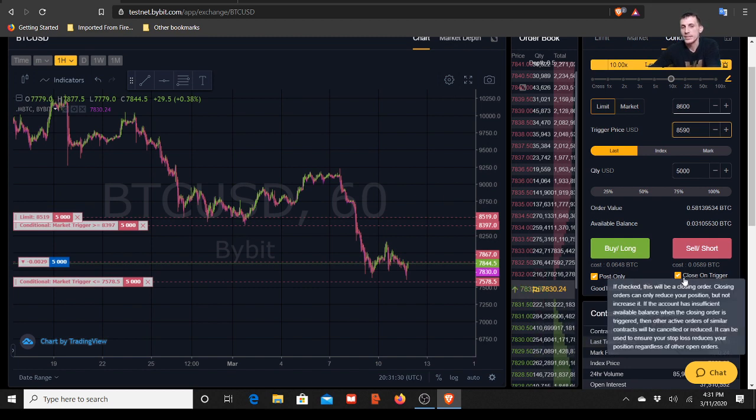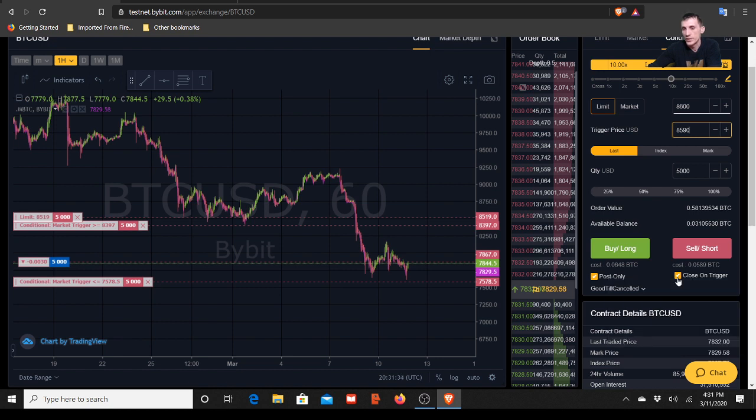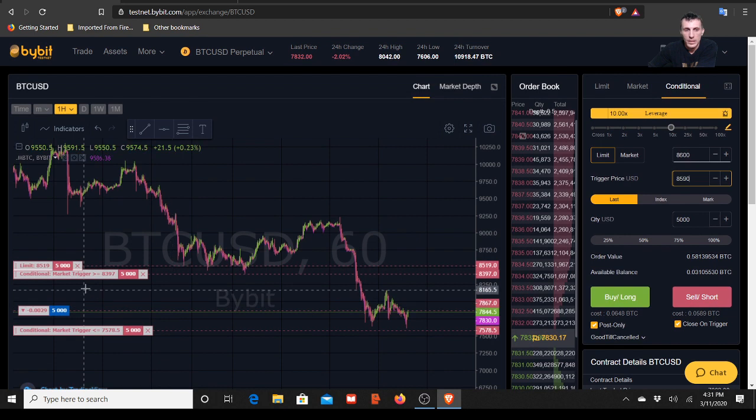On my stop loss orders and my take profit, I always have the close on trigger check marked. So that means when the stop loss is hit, it will close it out no matter what. So we got everything how we like it. We're shorting there.